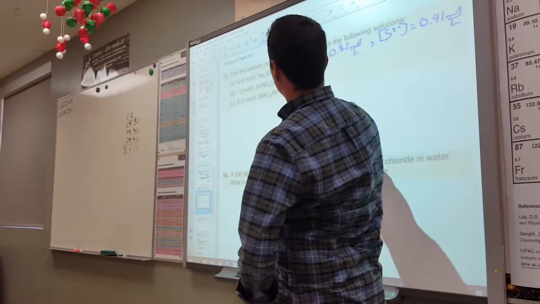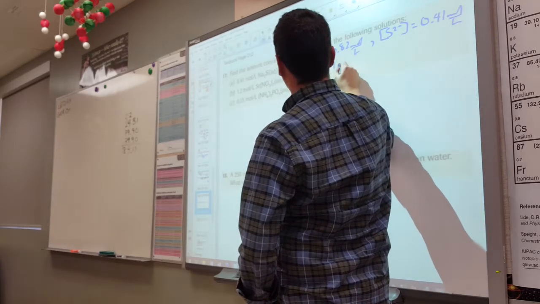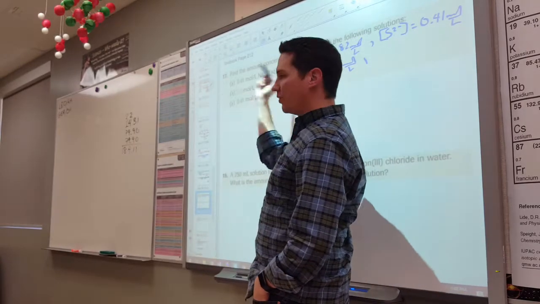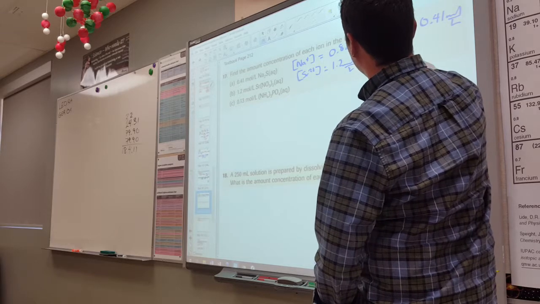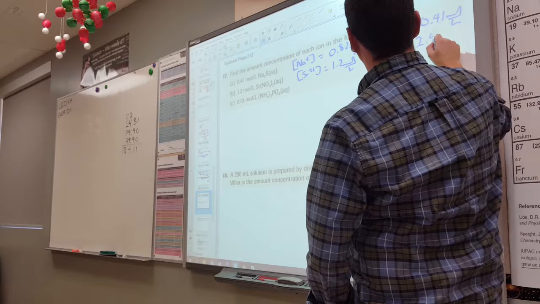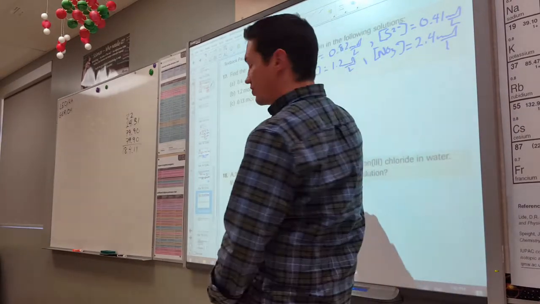The concentration of the strontium ions is 1.2 moles per liter because it's a 1-to-1 ratio. The concentration of the nitrate ions is 2.4 moles per liter. And then this is the trickiest one.